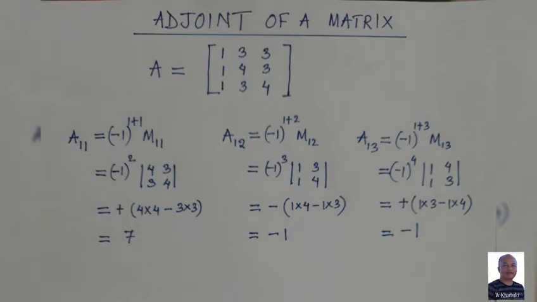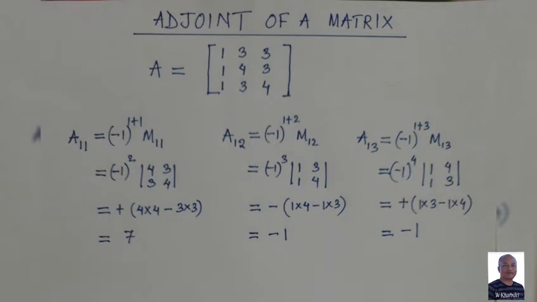That means the minor of that entry. So you will get -1 raised to the power 2, and the minor is the determinant of order 2 with entries 4, 3, 3, 4.